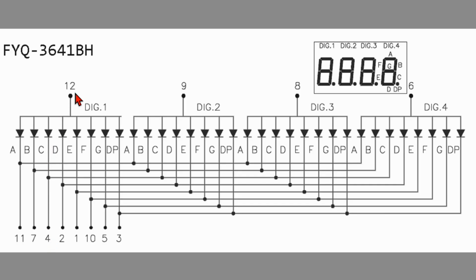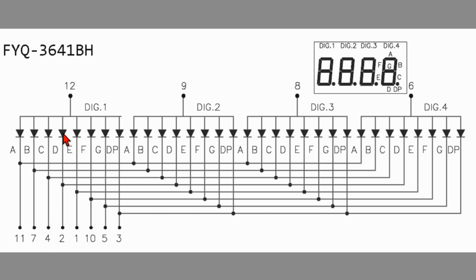So, for example, if we want to light up segment C, this is C of digit 1, that would be this segment right here, then we would need to run current from pin 12 through the diode to pin 4. So we'd have to drive pin 12 high and pin 4 low.